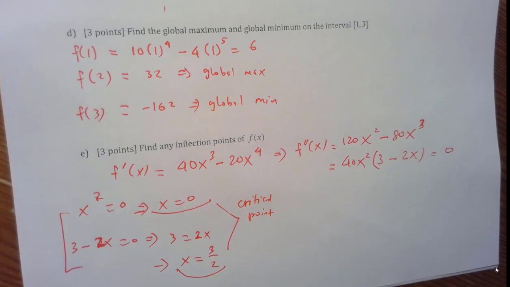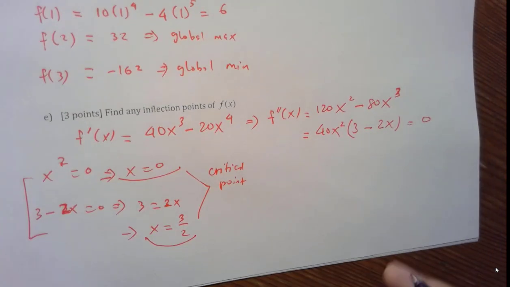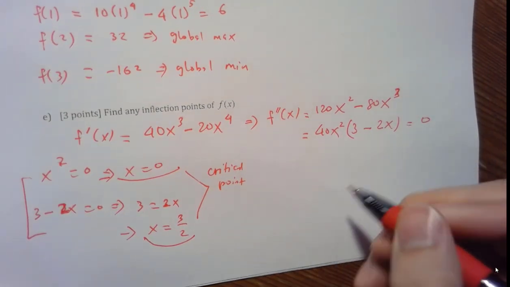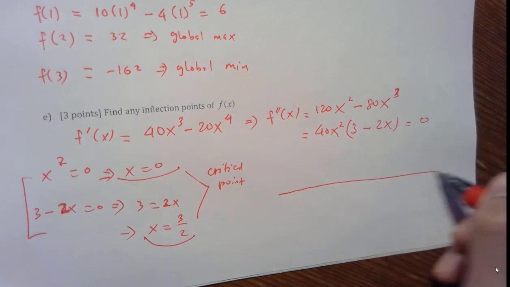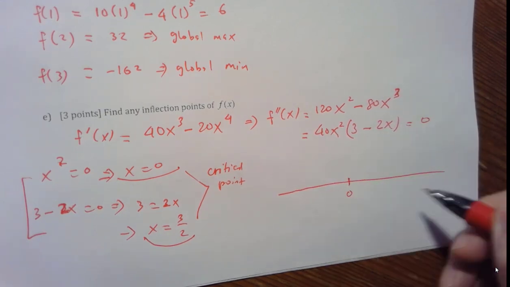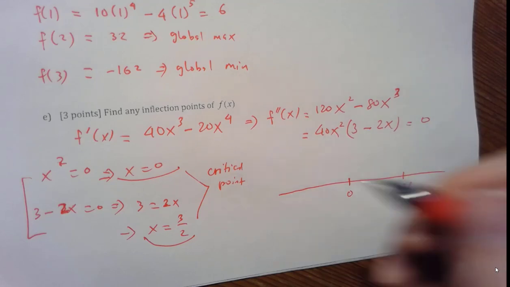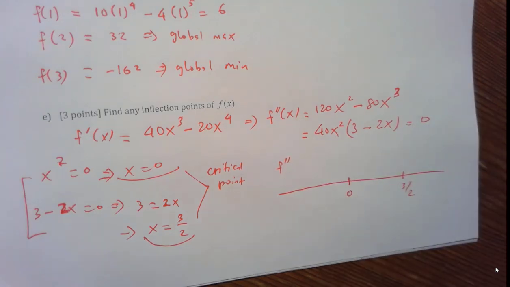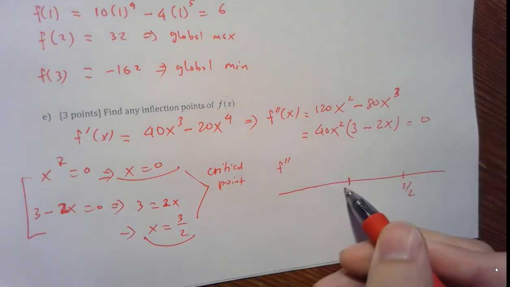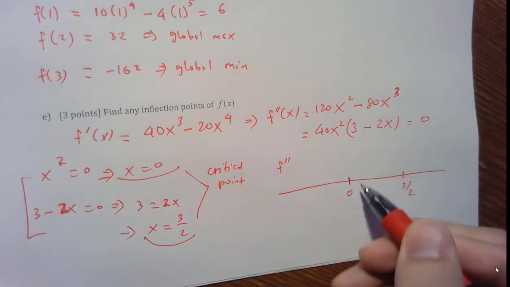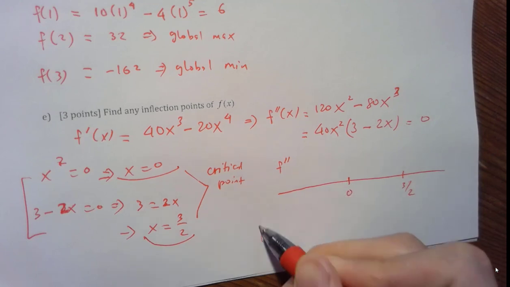To test for the inflection point, again we use the second derivative test. I have 0 and 3/2, so we are testing f double prime. I pick one value on the left side of 0, maybe -1, and plug -1 into f double prime.